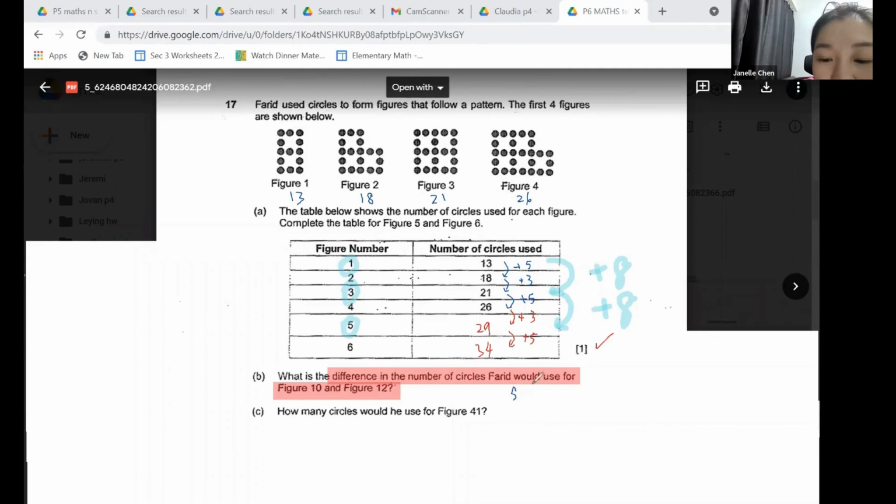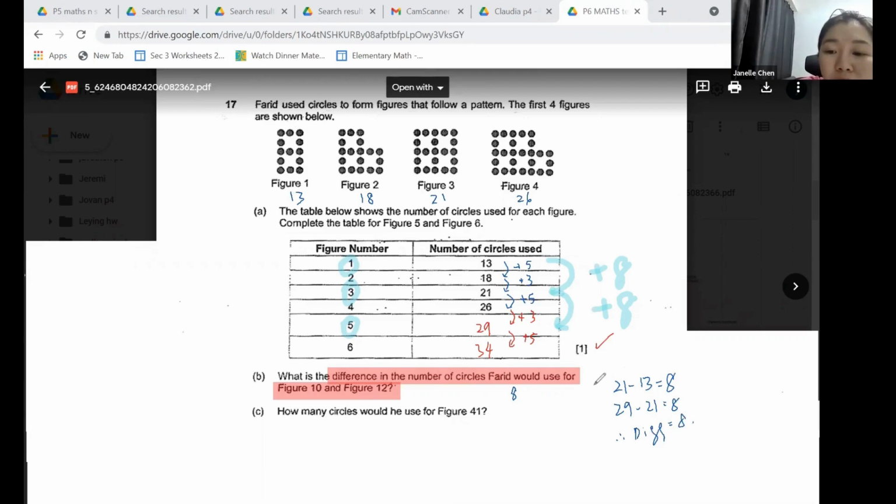We can just put it as 8. If you do want to show steps, you can show 21 minus 13 equals 8, and 29 minus 21 equals 8. Therefore the difference is equal to 8.